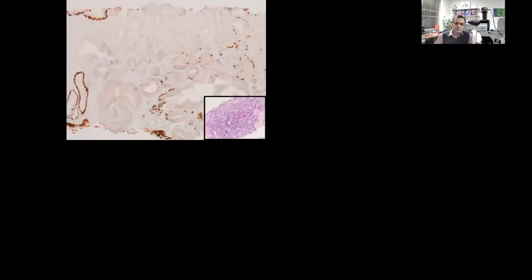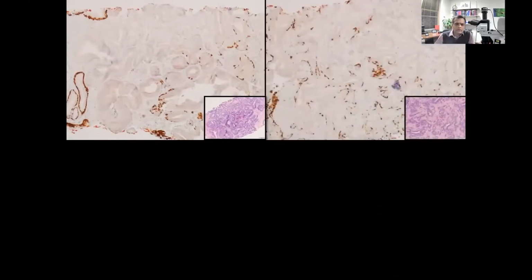But let's see what our immunohistochemical stains are showing. So here is an immunohistochemical stain for high molecular weight keratin. You can see that in this area, there are some basal cells that are still retained, but many of the glands have actually lost their basal cell staining.